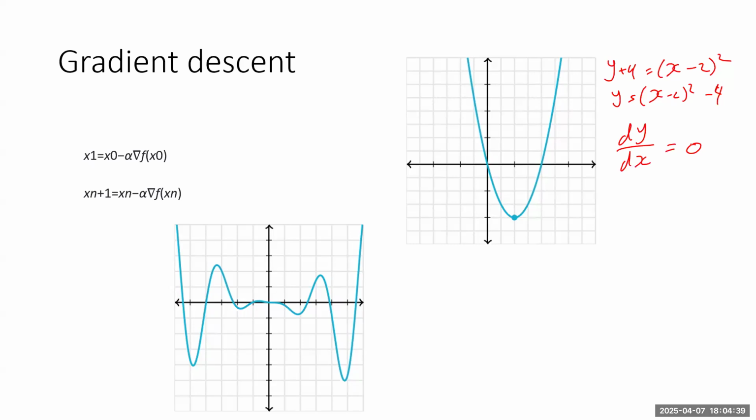The first derivative equals 0. This is where we have the minimum or the maximum. Right? So we will find the first derivative of this function.